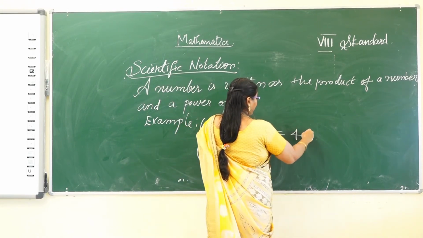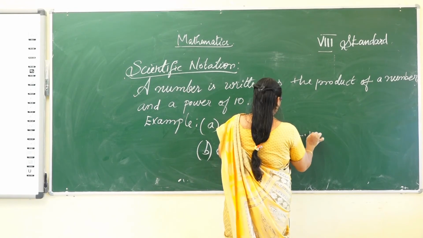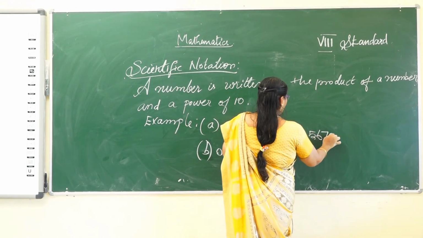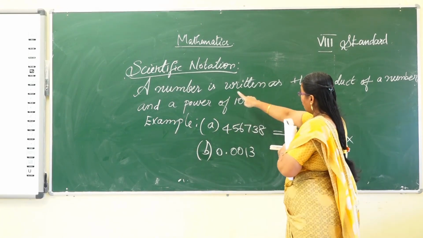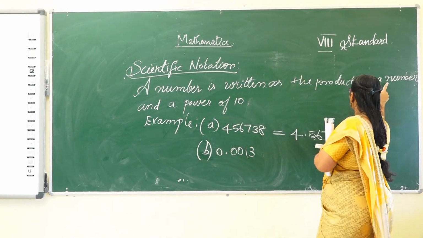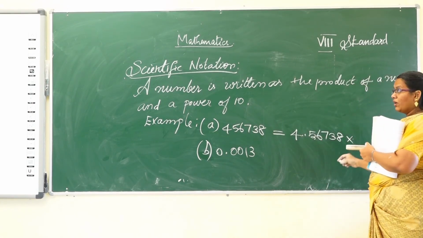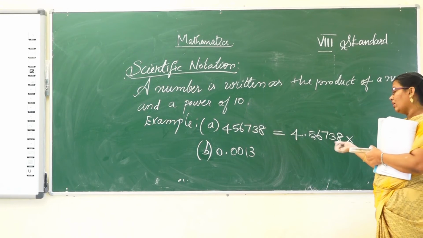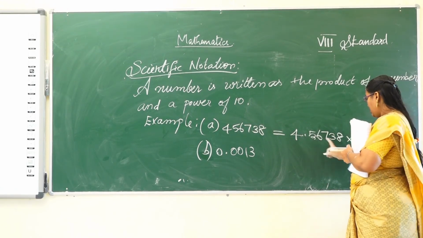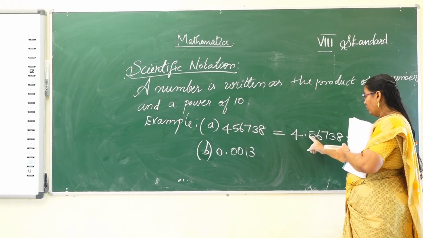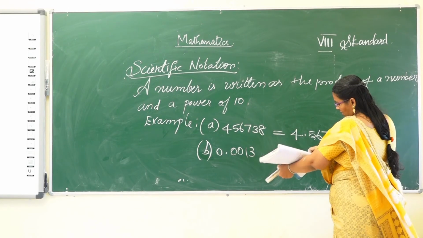Put the decimal point after 4 and write the remaining numbers, multiplied by a power of 10. How many digits moved? 1, 2, 3, 4, 5. So power 5.